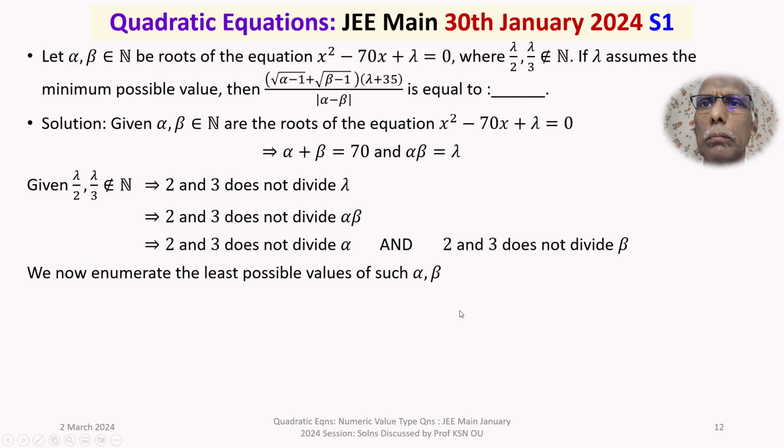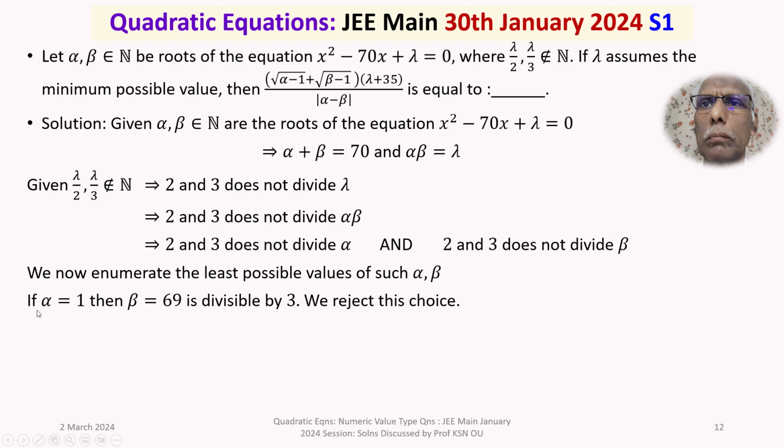Now, if we take α = 1, then α + β = 70 will give you β = 69. But β = 69 is divisible by 3. But what are the properties of α and β? 2 and 3 do not divide α, 2 and 3 do not divide β. Therefore, we reject this choice, α = 1, β = 69.